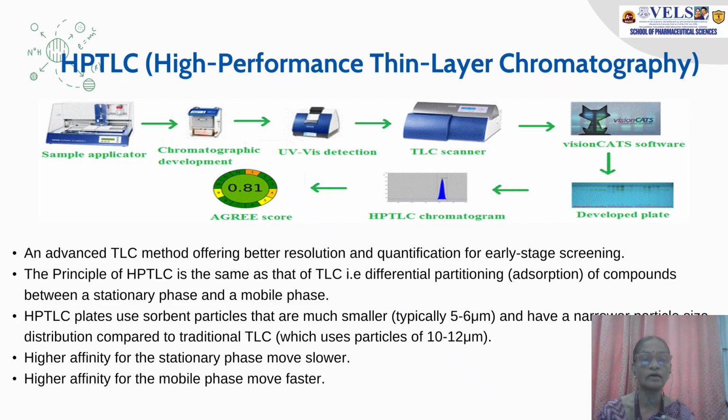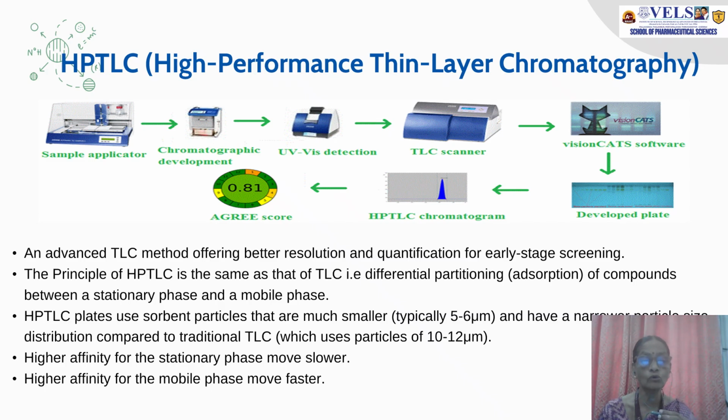HPTLC is an advanced version of the TLC method, with better resolution and quantification for early stages of screening. The principle of HPTLC is the same as that of TLC, either differential partitioning or adsorption, a difference in the partition coefficient or adsorption of the compounds between a stationary phase and a mobile phase.